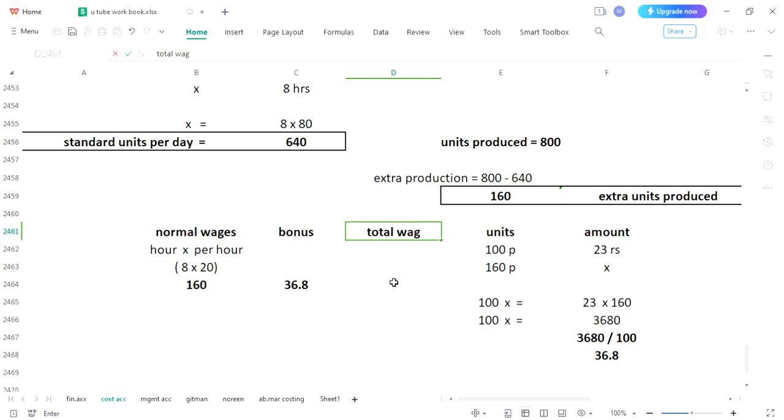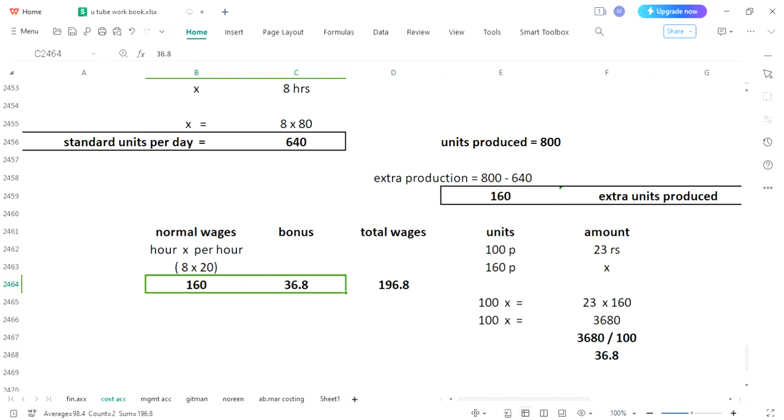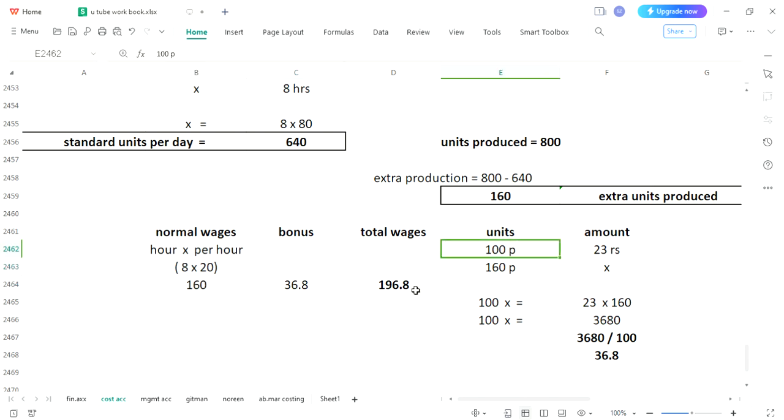Total wages would be calculated over here. How? The amount of normal wages would be added to the bonus, and here we have calculated our total wages. So now it's time to see the answer. This is your 196.8.